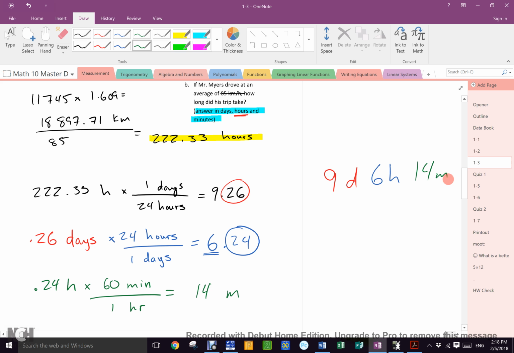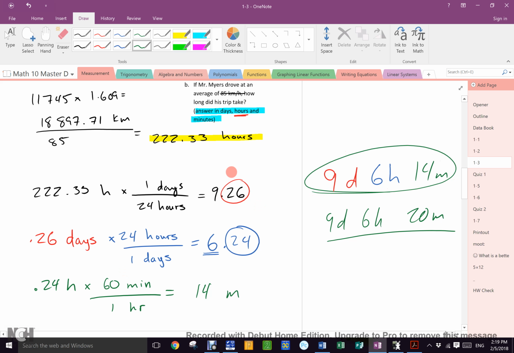Now, there's another way to work it out, and you end up with 9 days, 6 hours, and 20 minutes, depending on when you do your rounding. Is rounding important to me, or is this process important to me? The process. If one of you handed me in 20 minutes with all this work, and the kid right beside you handed me in 14 minutes with all their work, and it all made sense, what are they getting?